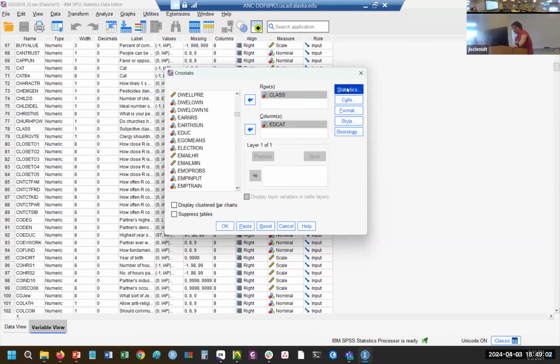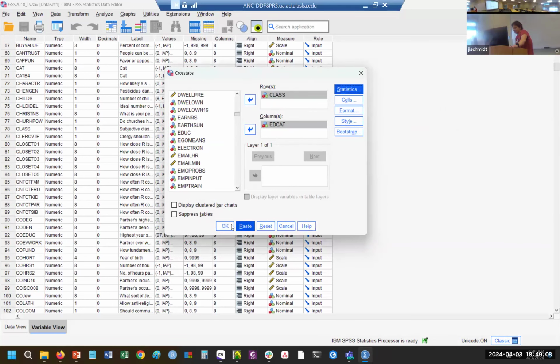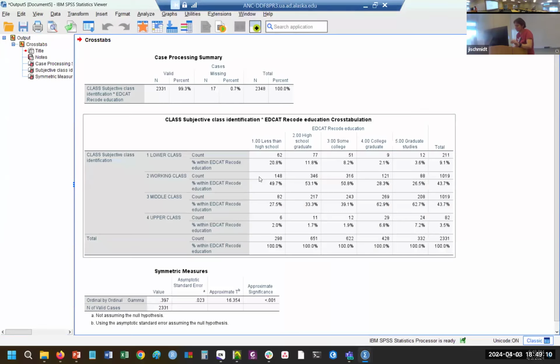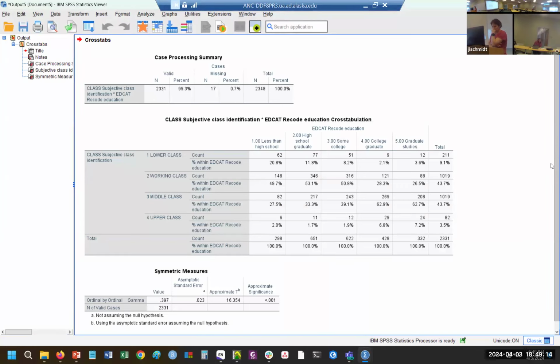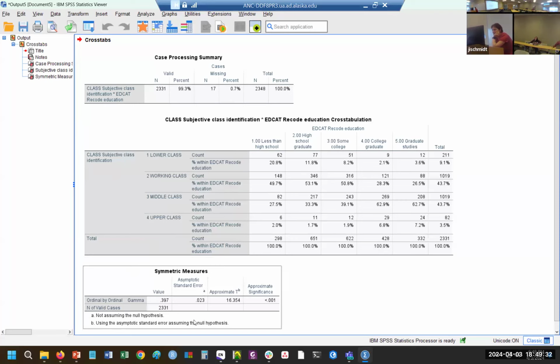Okay. Statistics. Gamma. Okay, and then hit okay. All right. So we were looking at the relationship between education and social class.